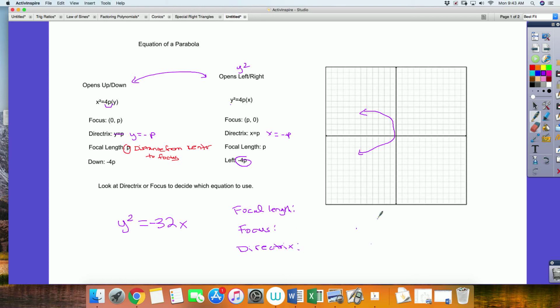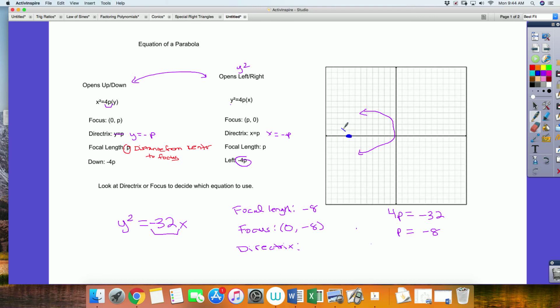So remember to find the focal length, we know it's 4p equals, and the number in front of the variable this time is negative 32. So that means my p is equal to negative 8. So negative 8 means my focus is at negative 8, 0. So we go 0, 1, 2, 3, 4, 5, 6, 7, negative 8.